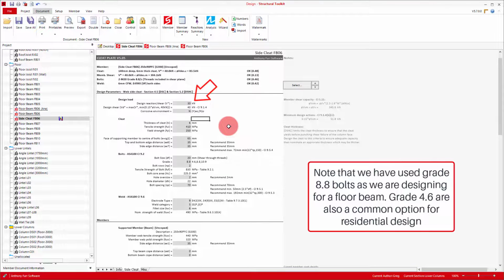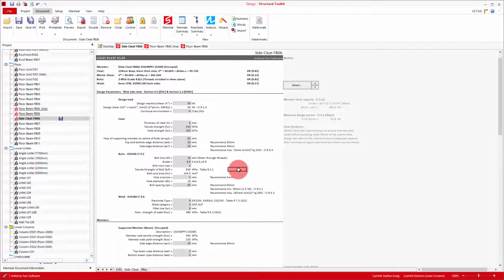For demonstration purposes, we'll reduce the bolt size down to 16, which we can see still works. But as you could imagine, some other 250 PFC beams may have a greater reaction that is larger than our minimum shear design force. There certainly is the option to maybe specify M16 bolts for smaller PFC sizes, but you will need to validate that these connections will still work. For our design, we'll be keeping the M20 throughout.